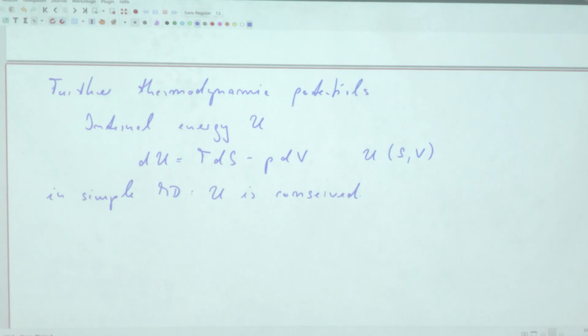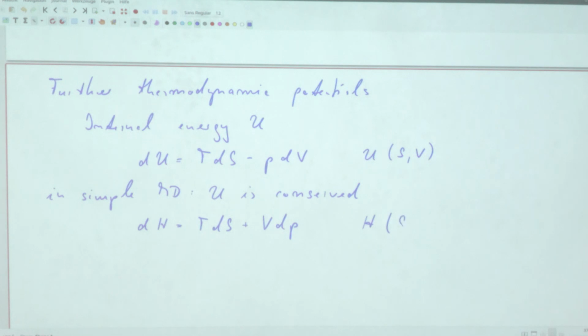And similarly, we had the enthalpy H, which I also introduced. It was plus or minus. I think it was plus, yeah.